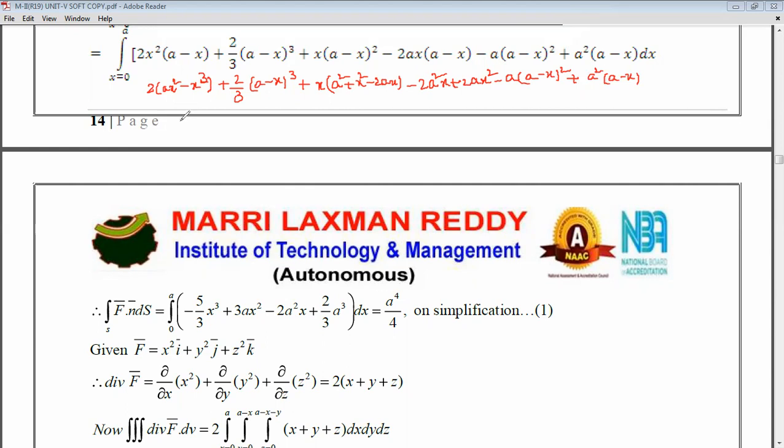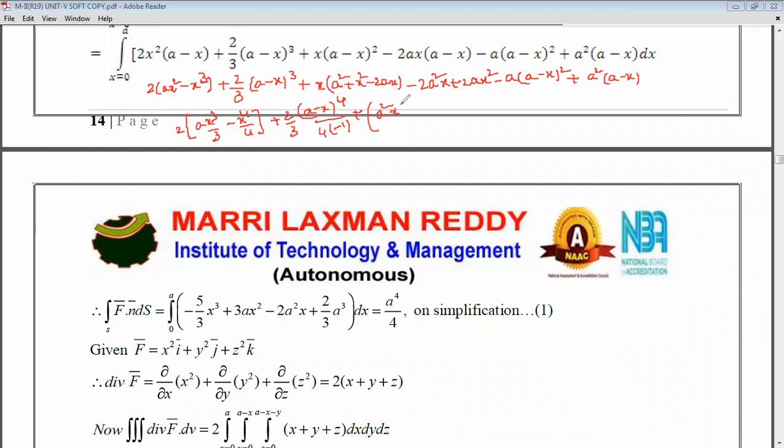So with respect to x, the first one we get is 2 into, a x cube by 3 minus x power 4 by 4, and plus 2 by 3 into a minus x whole cube, whose integration is a minus x whole power 4 by 4, and the derivative of a minus x is minus 1, plus you can multiply x inside and then simplify.